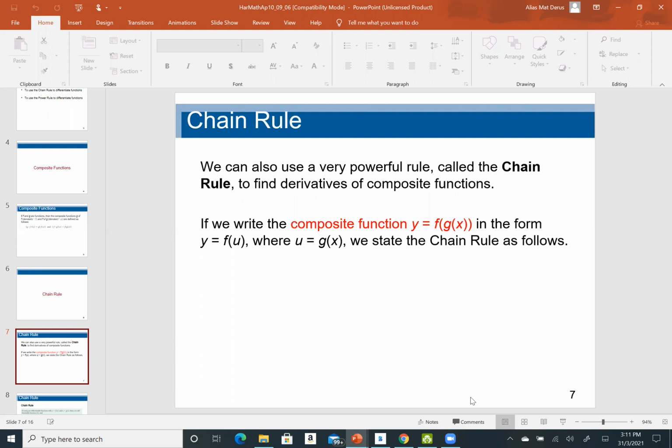So here, in order to make more sense, we use dy dx, dy du, du dx, because there are three variables, so that you know the derivative you take is with respect to which variable. I have y as a function of u, and u is a function of x. You want to find dy dx.